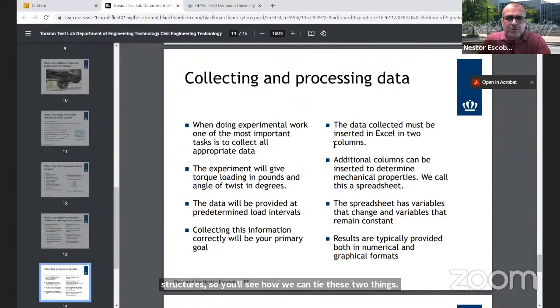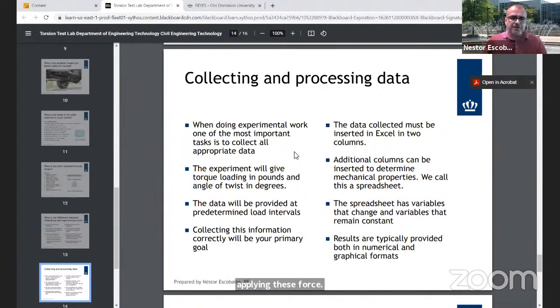Collecting and processing data. When we're doing experimental work, we are going to record information that is necessary for us to understand what is happening: the force that is being applied to the bar, and the angle of twist that is being generated as I apply this force.